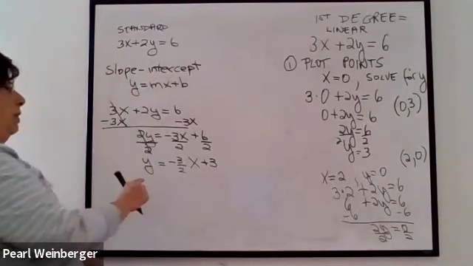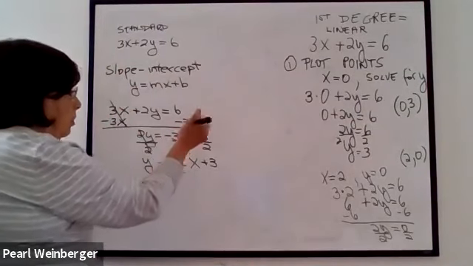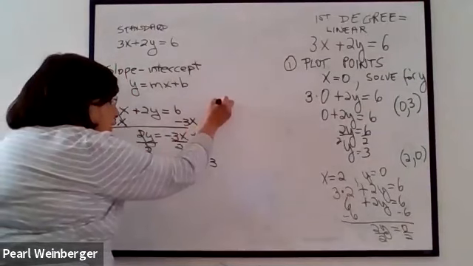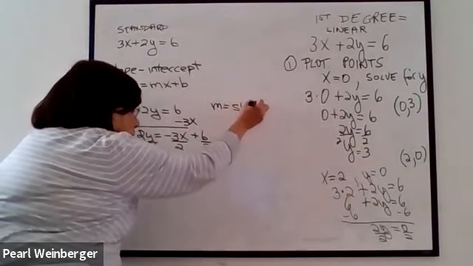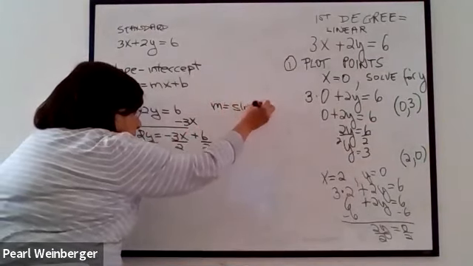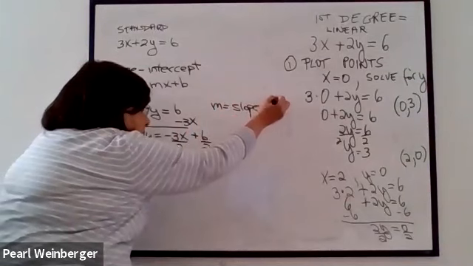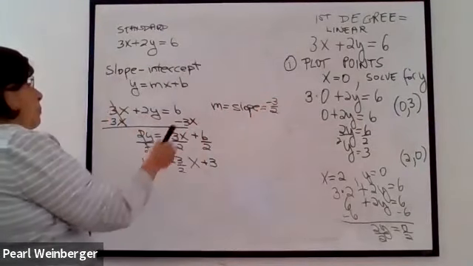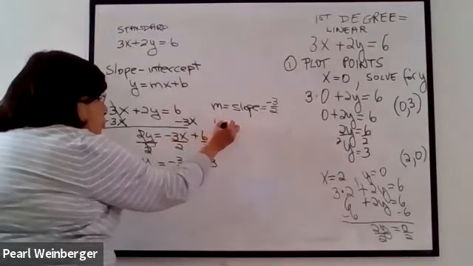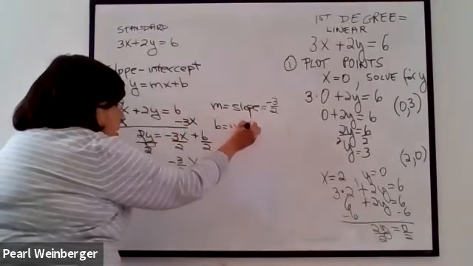And there are two important numbers that we can see here. One is what we call the m, which is the slope. The slope is the number or coefficient right in front of the x, negative 3/2. The second number is what we call the b, the y-intercept.